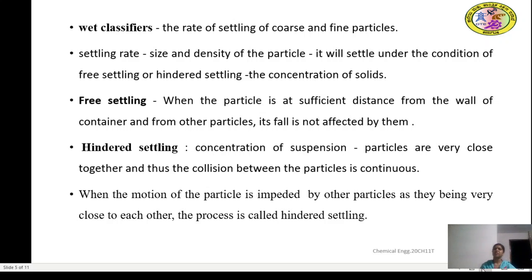Wet classifiers settle the particles based on the rate of settling of coarse and fine particles.